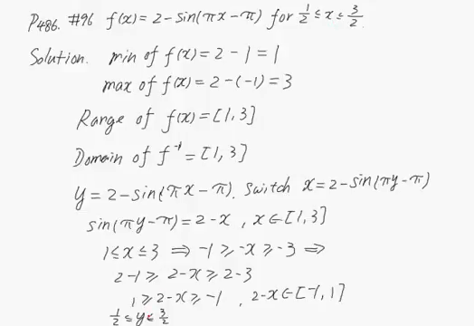Now from here, we just multiply each part by pi. Okay, let me move to the next page. So we have half pi less than or equal to pi y and less than or equal to 3 pi over 2. And then we subtract pi from each part.